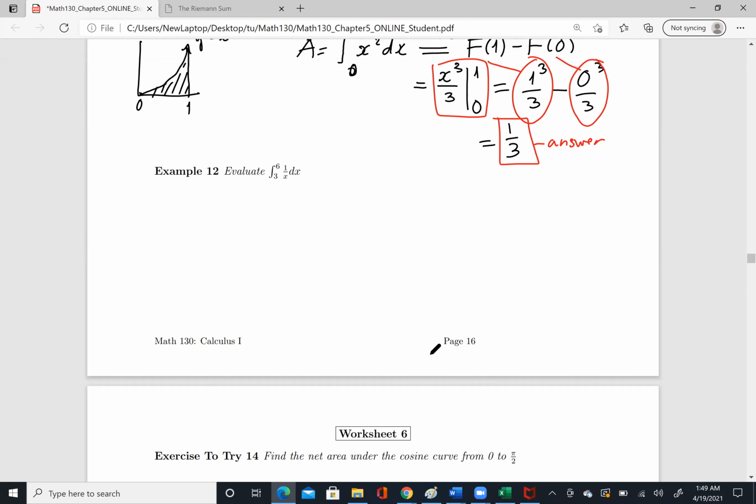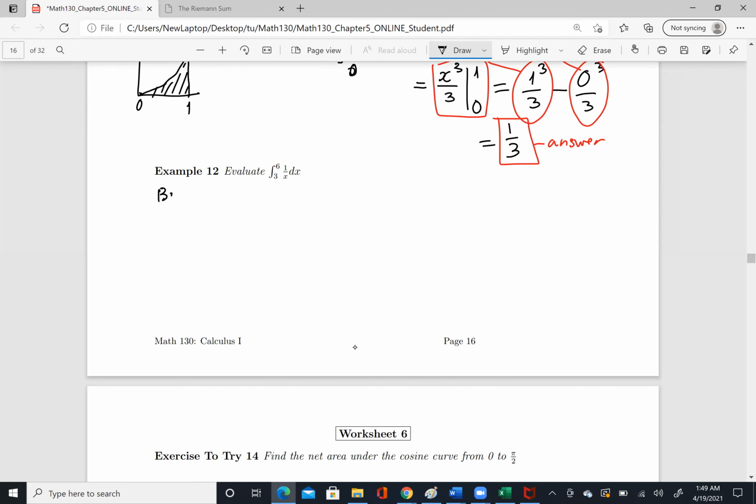So I can use the fundamental theorem, FTC, with F of x equal to ln of x.